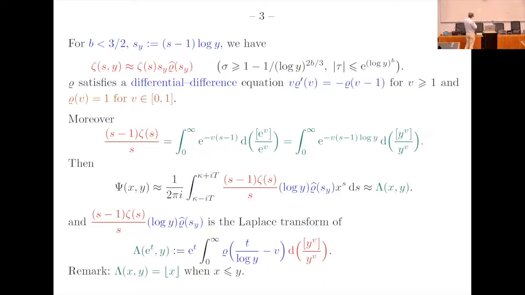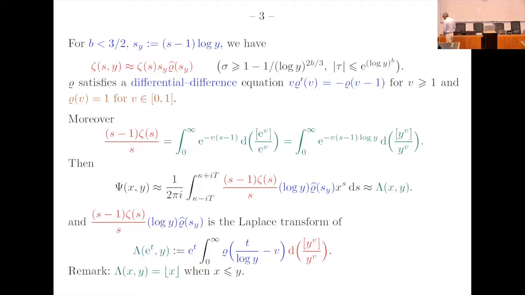And if you let t tend to infinity, you will have a good approximation of a function, lambda of xy, which can be written as a convolution of the rho function and of the measure which appears here.